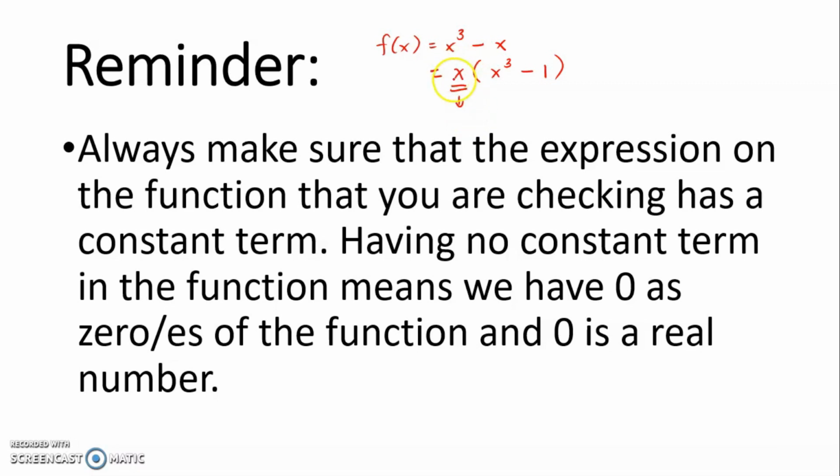Because in short, I can have the value 0 here as one of the zeros of this function. So how am I going to determine the other possible positive real roots and negative real roots in this equation?